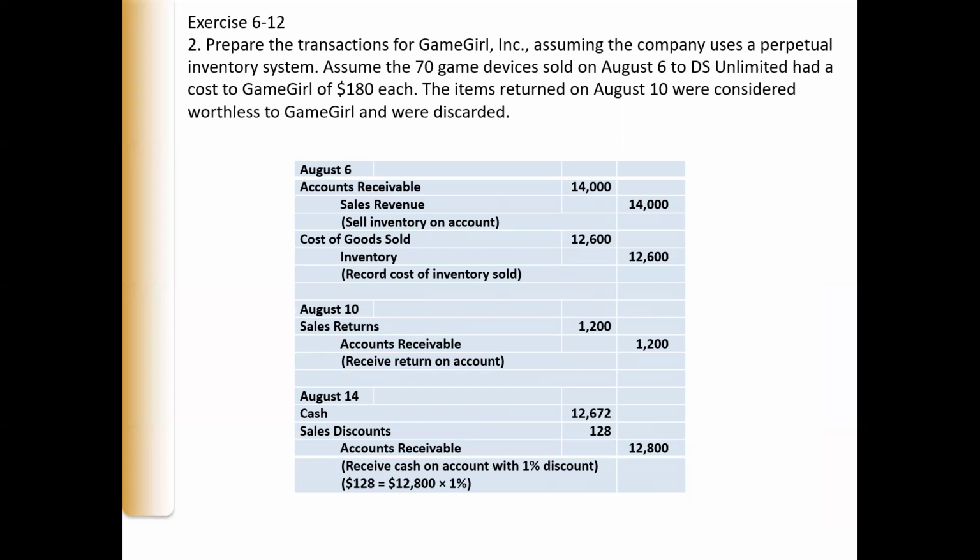The items returned on August 10th were considered worthless to Game Girl and were discarded. So when we sold the goods, we debit the receivable, we credit the sales revenue. Then we also debit our cost of goods sold and credit our inventory for that amount.